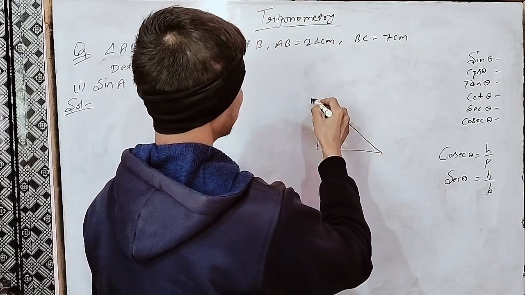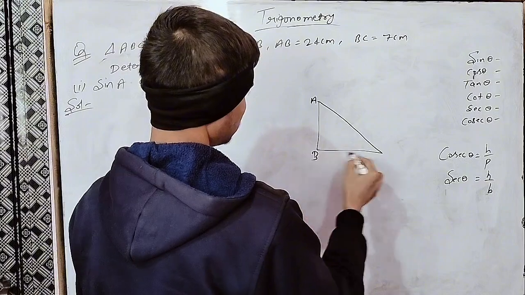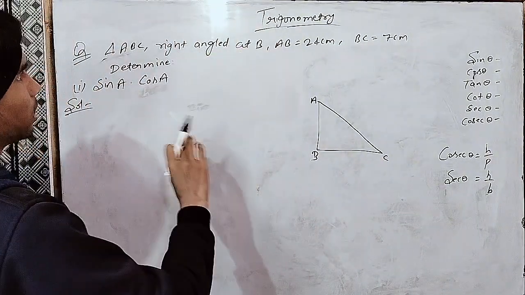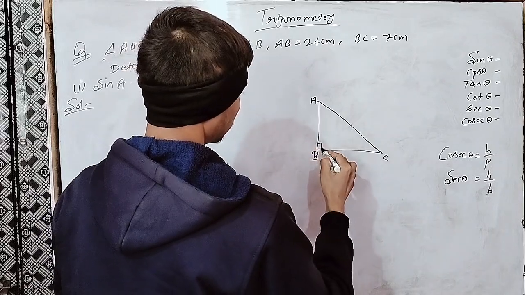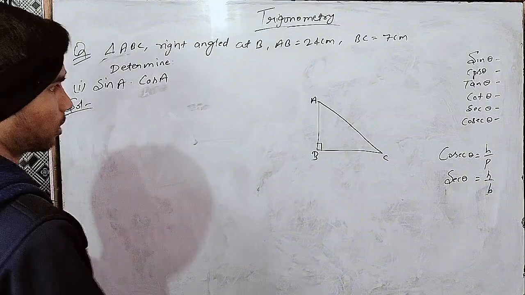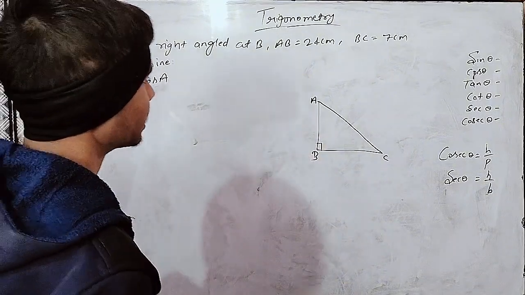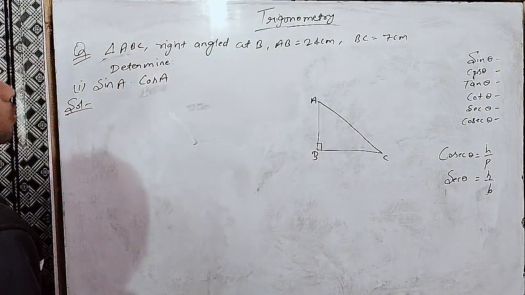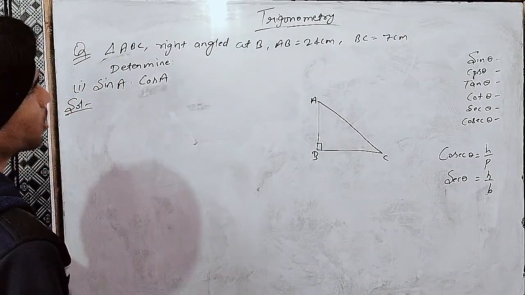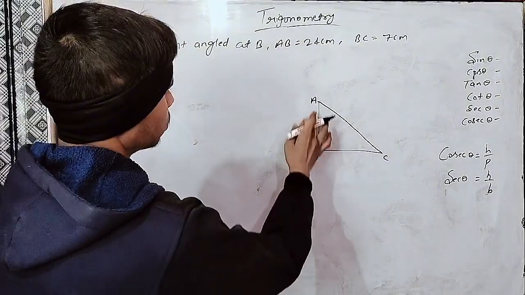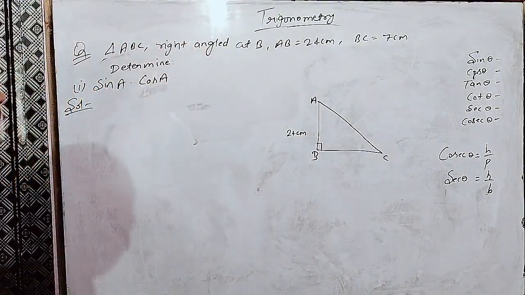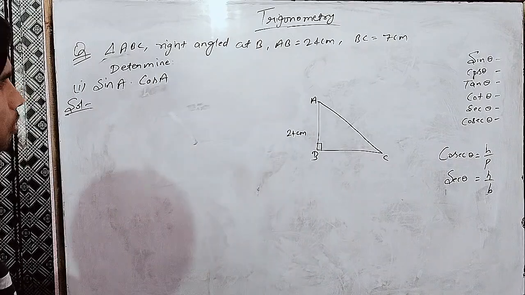Let's name it A, B, C. We have a triangle with a right angle at B. Of course, this side is the right angle, also you can say this is perpendicular. AB is 24 centimeter. Whatever is given by the question, we are putting.